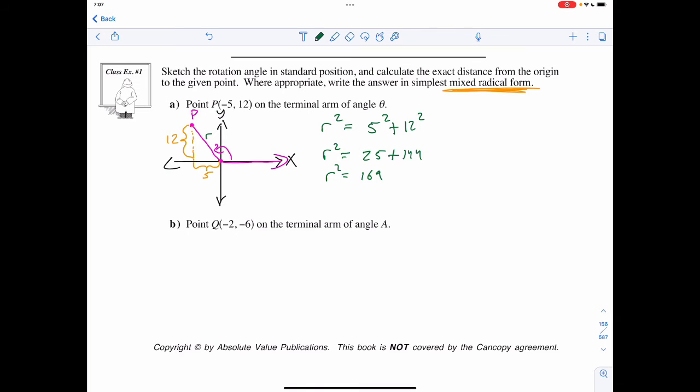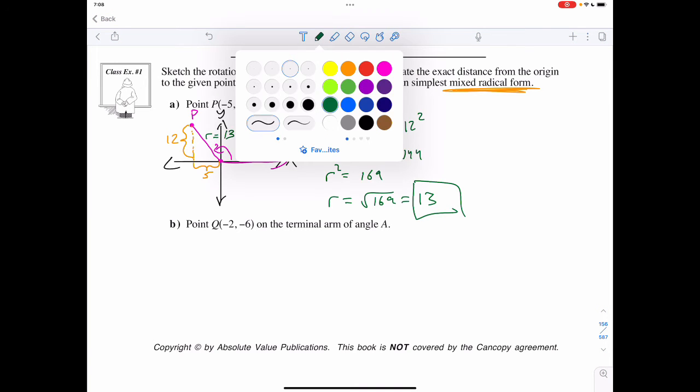And then when I take the square root of that, r is equal to square root of 169, or just 13. So I have this right angle here where I have the side lengths of 12, 5, and 13. I'm going to go on to my next example.